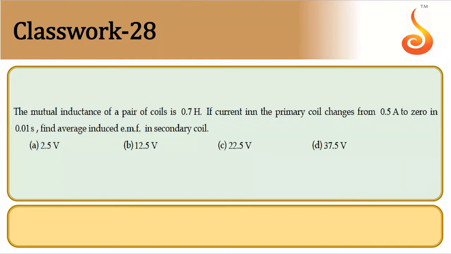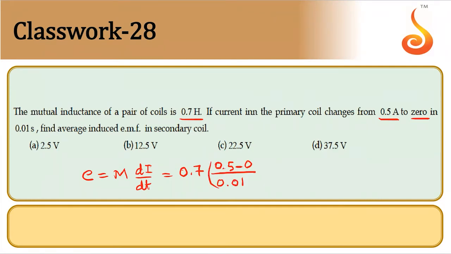So induced EMF E is given by M into di by dt. Mutual inductance given 0.7. di is 0.5 minus 0. Time taken is 0.01 seconds, that is dt.